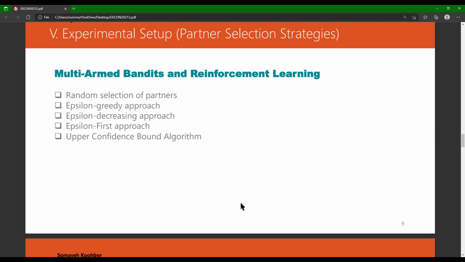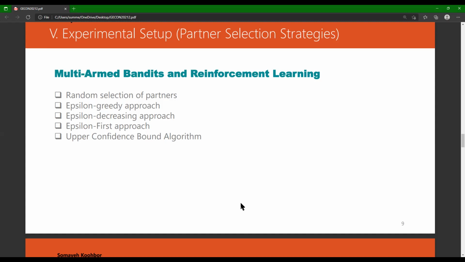So if this is the case, you can always use this partner for exploitation. But for exploration, the idea of the algorithm is, let's look at the other options that we have and let's see which of them has the highest confidence bound interval. So if there is a high confidence bound, then optimistically this algorithm assumes that in the long run you can get a better benefit by interacting with this partner.